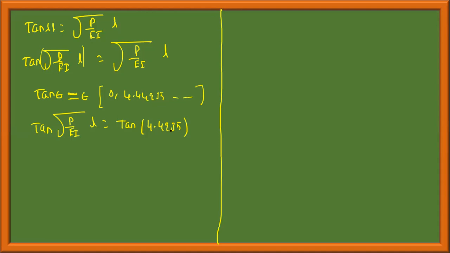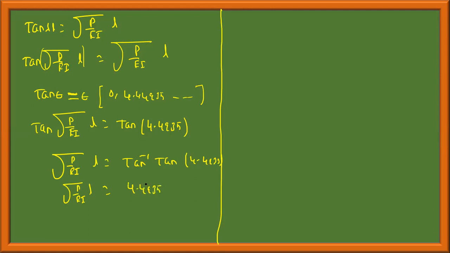Tan 4.4935. Then if I take root P by EI into L, it is equal to tan inverse tan of 4.4935, or root P by EI into L is equal to 4.4935.